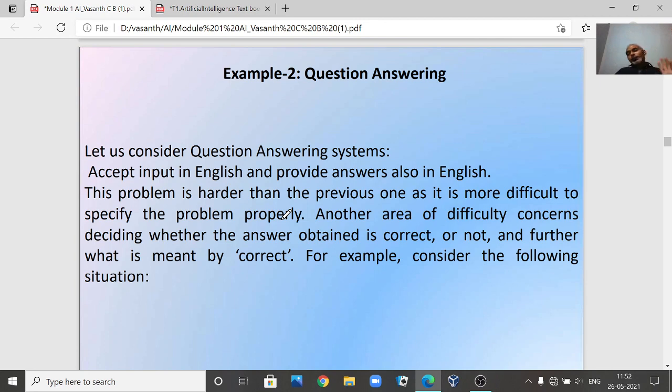Generally, how do we people try to solve it? One of the easiest methods is this: when one paragraph and four questions are given, first we read the questions. I take the first question and identify some keywords in it. This is normally what we do, but technically speaking we are not supposed to do it like that. First you have to read the paragraph, understand it, then read the question.